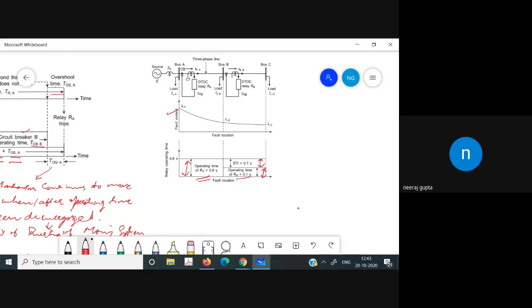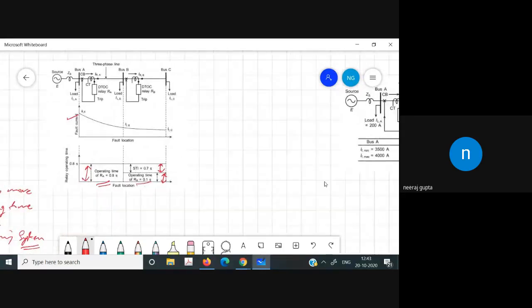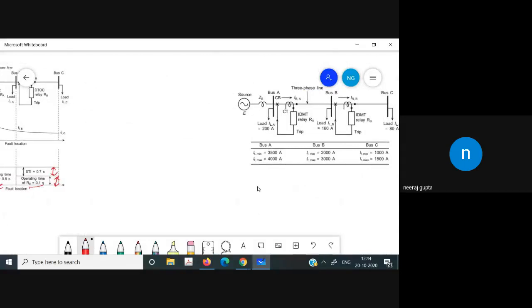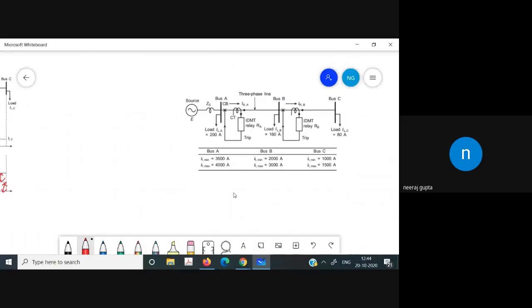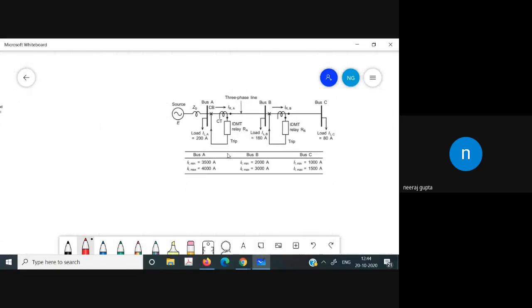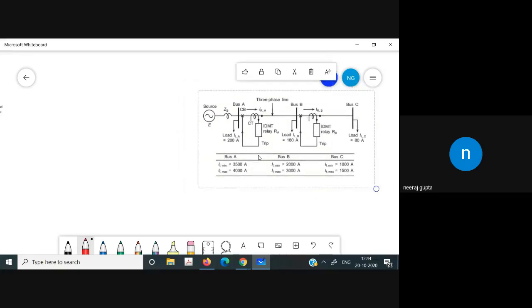Now, we can discuss the setting for inverse definite minimum time relay for the distribution feeder. While explaining this, we have to discuss a small problem, and that problem will give you an idea of how we have to do the setting of that type of relay.